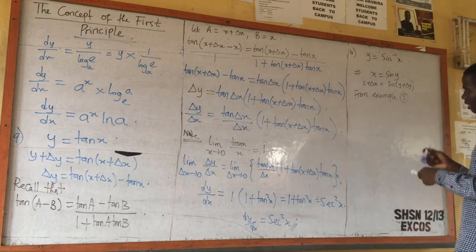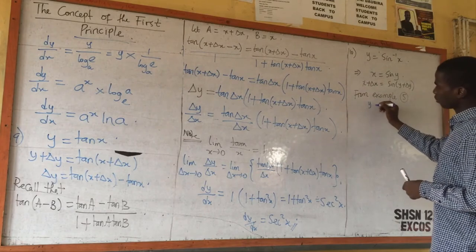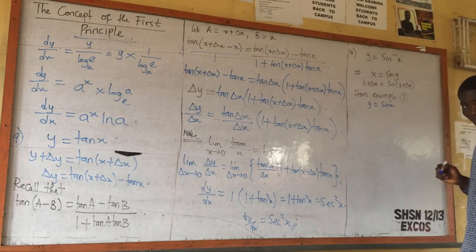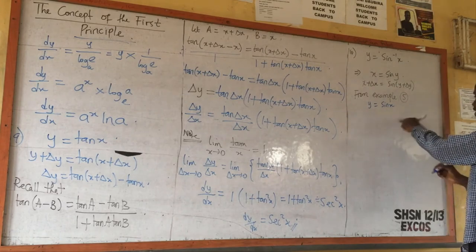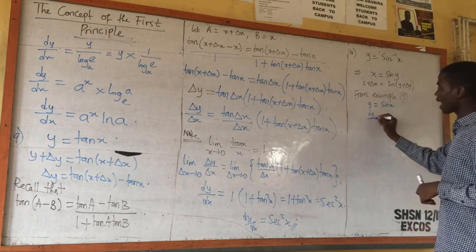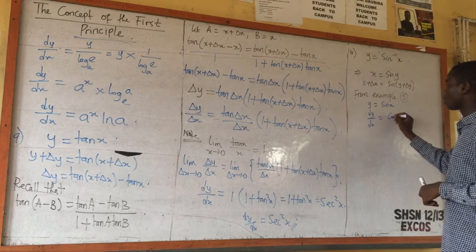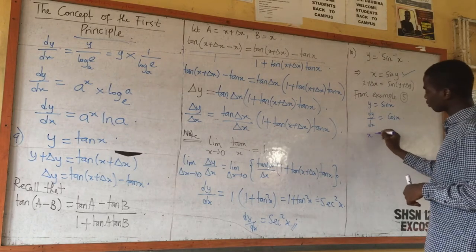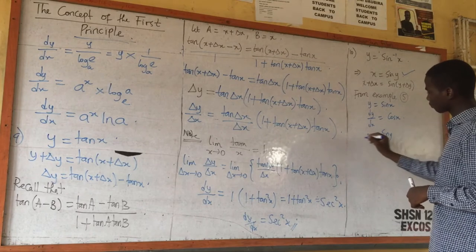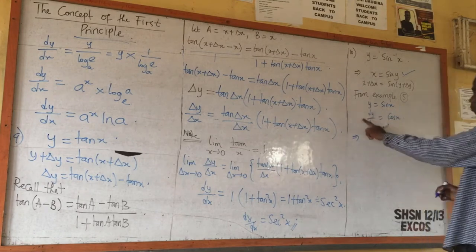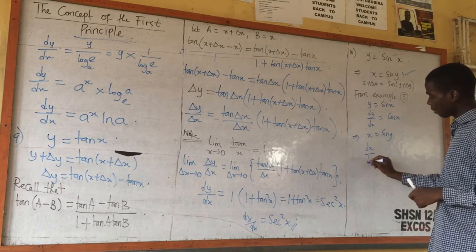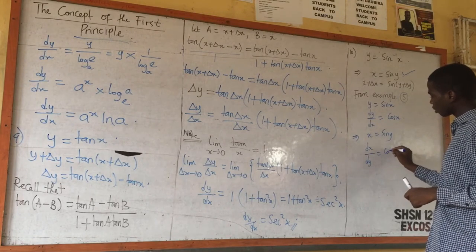Example 5 showed us that y equals sine s. In example 5, I solved this and I obtained dy/ds to be equal to cos s. So similarly, if I have s to be sine y, by the same approach, I will get ds/dy to be equal to cos y.